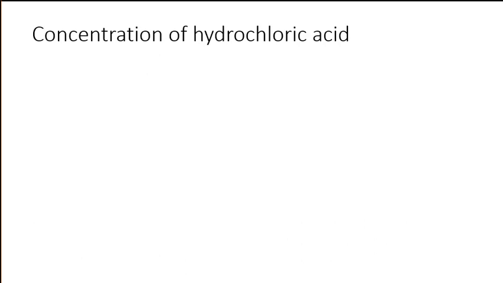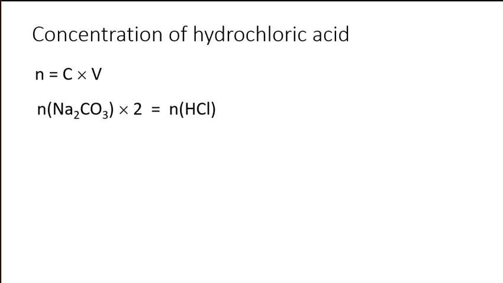Let's work out the concentration of that hydrochloric acid solution. There's a formula that might come in handy. The number of mole is equal to the concentration multiplied by volume. So that's the equation that I showed you previously. Now, I know the concentration of the sodium carbonate, that's 0.5.